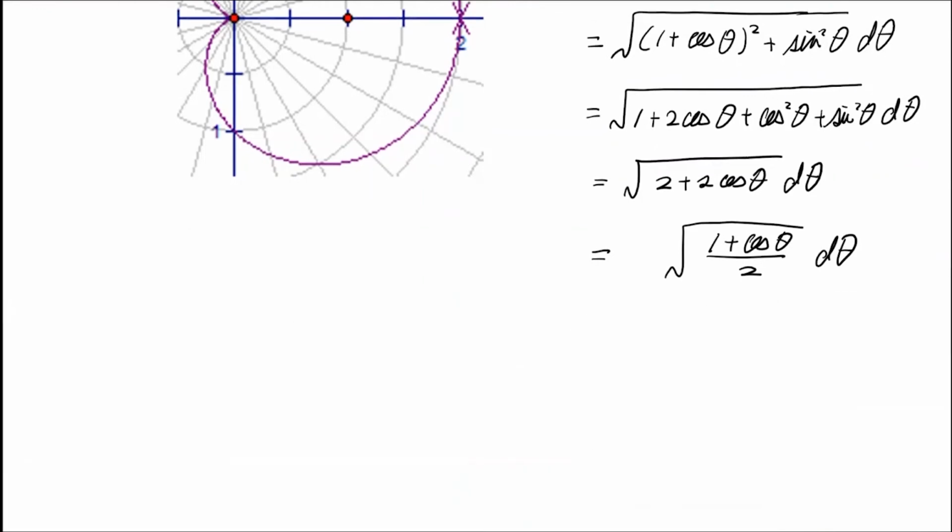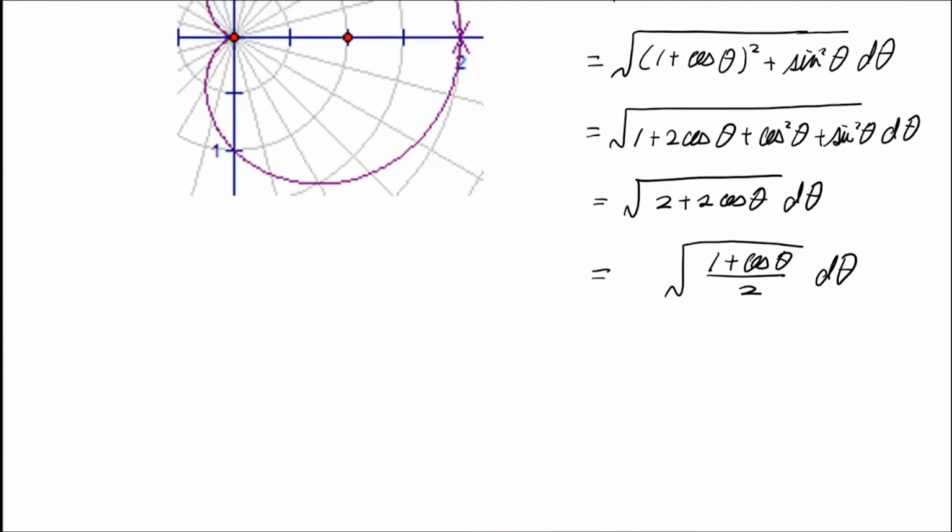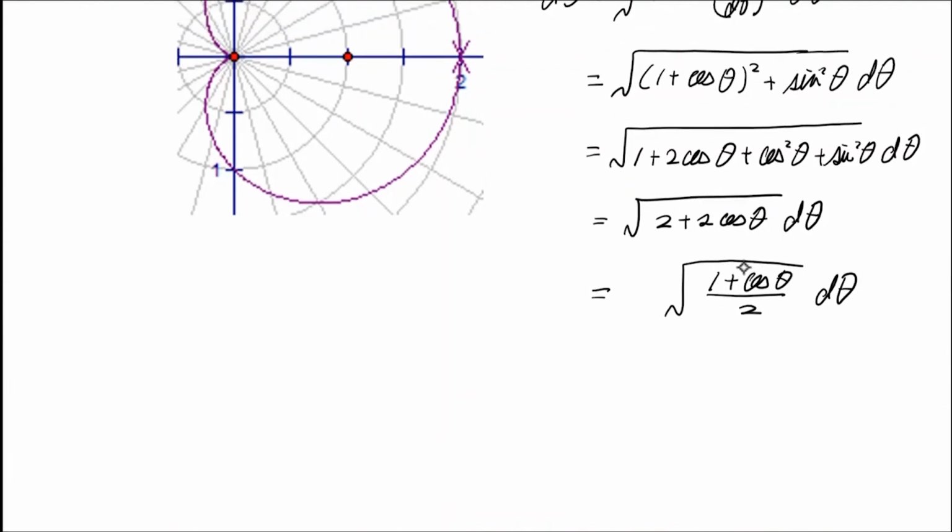It's the half angle formula. Oh yeah, half angle formula for what? Cosine. This is cosine, right? Cosine θ over 2. So how do I adjust this thing to make it look exactly like that?